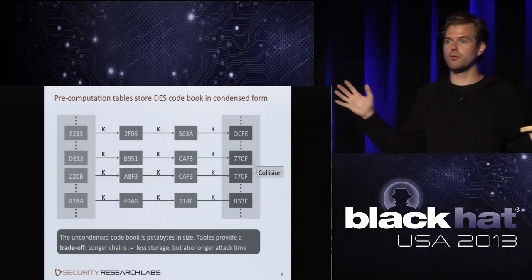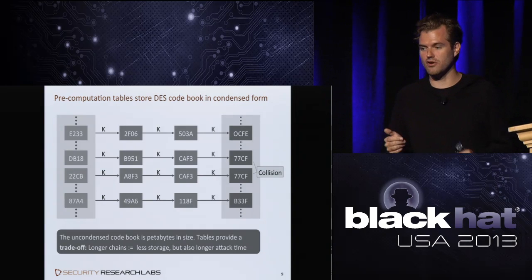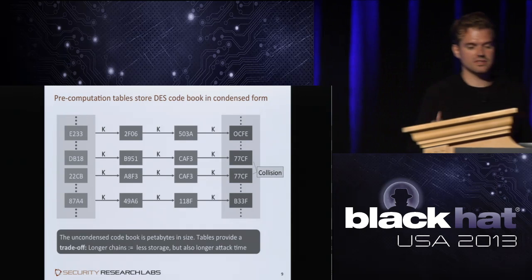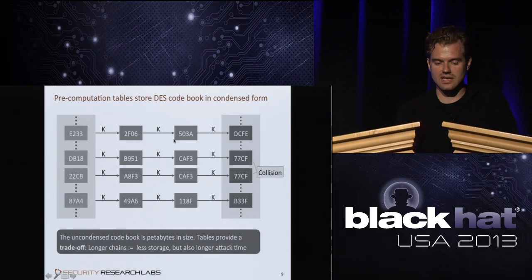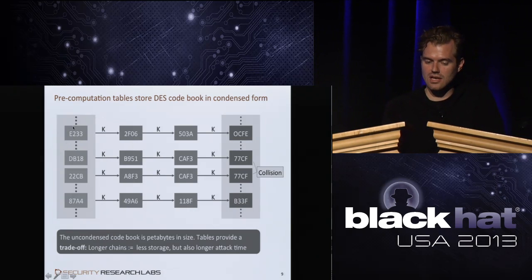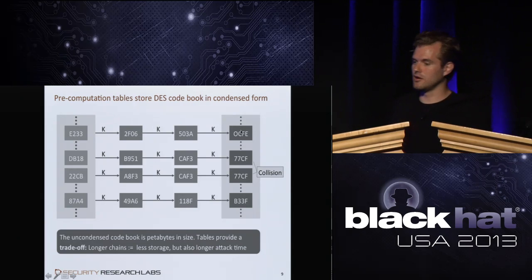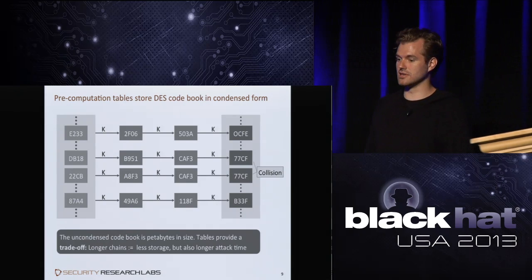So we need some way of compressing this gigantic phone book. And the way we do this is by creating a data set that's not just computing one link, like the phone book does, but many links. So each of these Ks is a DES function. And you keep computing them, and not just 3 times like on this slide. I think our choice is 32,000.